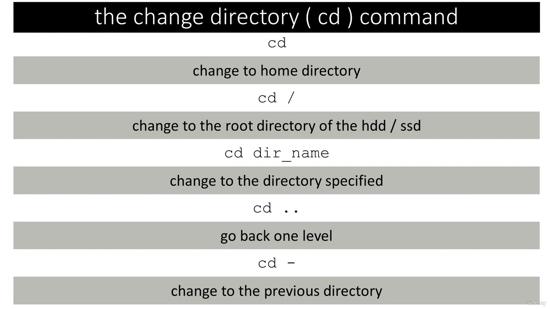To go back one level, the cd command is followed by a space and then a double period. To change to the previous directory, the cd command is typed, followed by a space and then a dash or hyphen. Make a note of these 5 variations of the cd command.